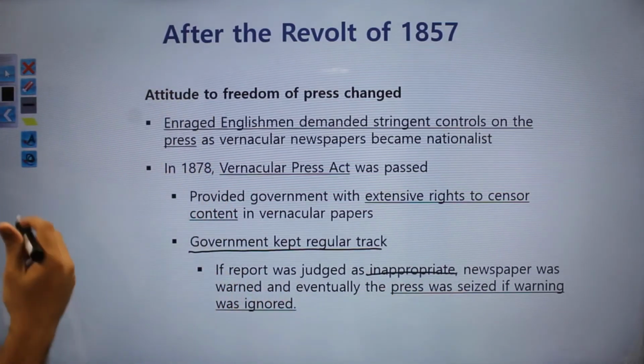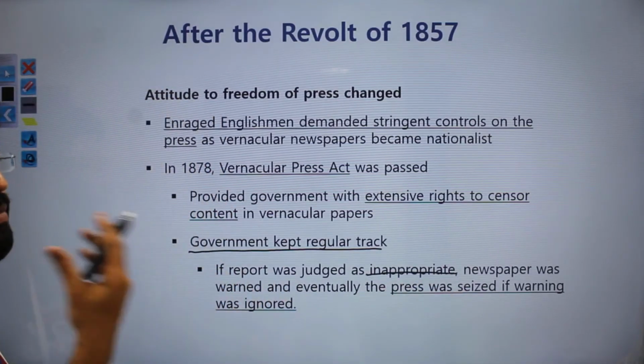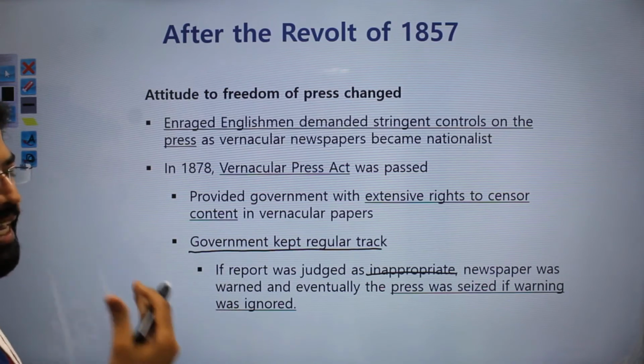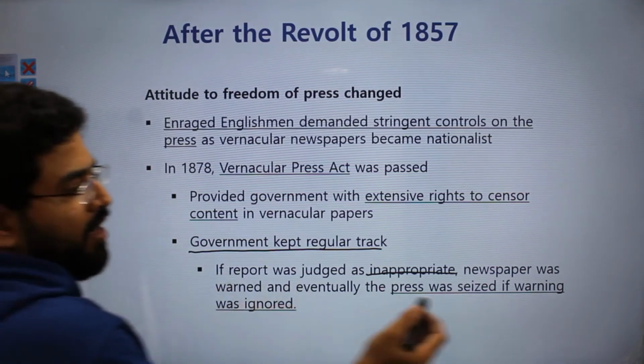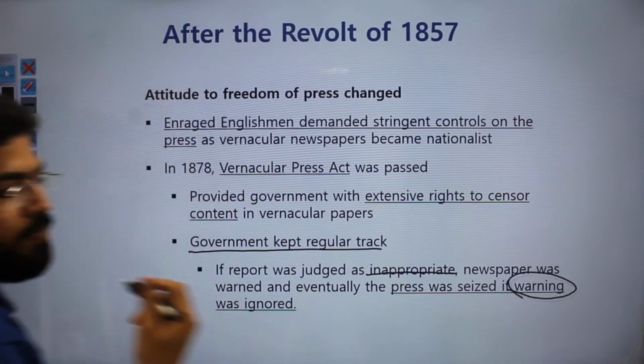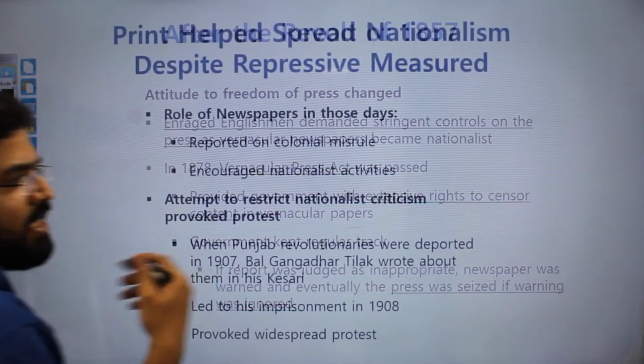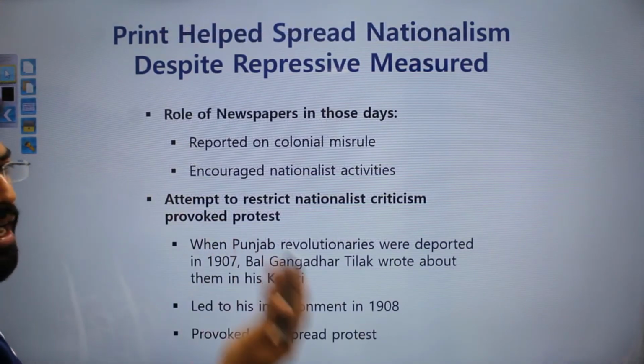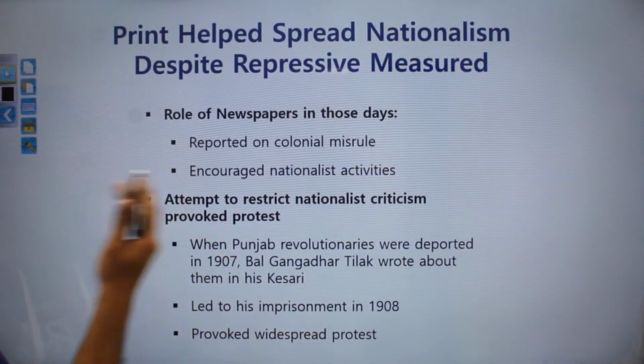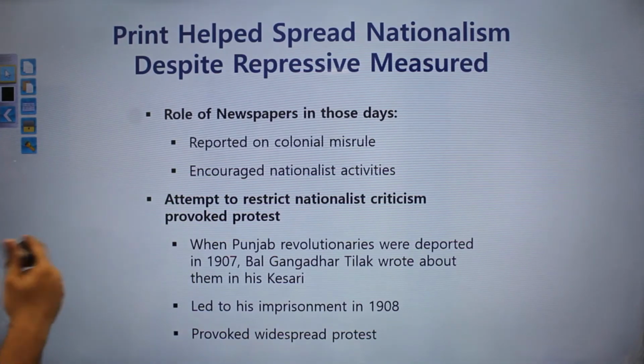Any newspaper that was deemed to be creating mischief among the people, creating a revolution, was banned after giving a warning. So this was the attitude of the English towards the press. Censorship was done in the 1870s after the revolt of 1857.